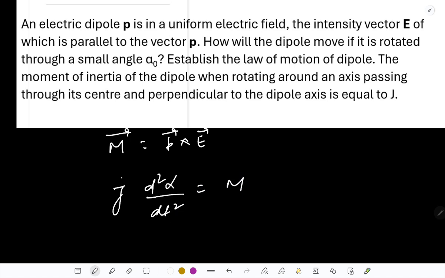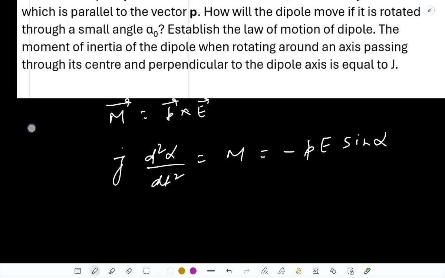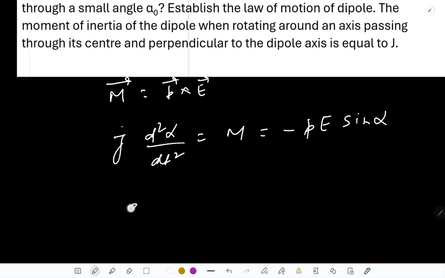and that is equal to moment of the electric field, and you can write it like this. And considering that the angle alpha is small enough, we can rewrite this equation simply as d2 alpha by dt square plus P E by J alpha, that is equal to 0.